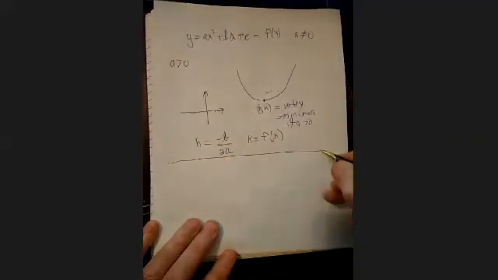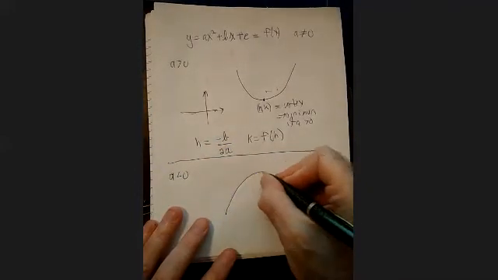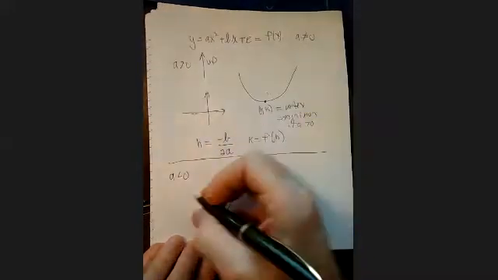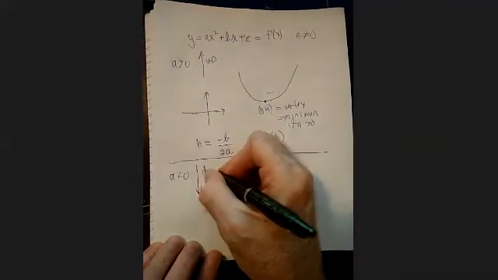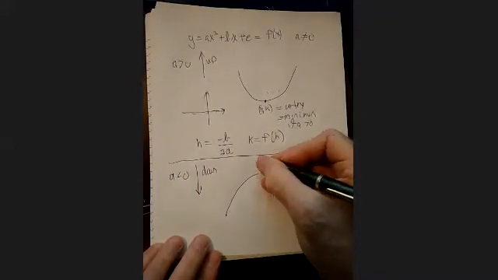Okay. Now, if a is less than 0, our graph is going to open downwards. So a greater than 0, it goes up. A less than 0, it opens down. This is still the vertex, and we still call it hk.